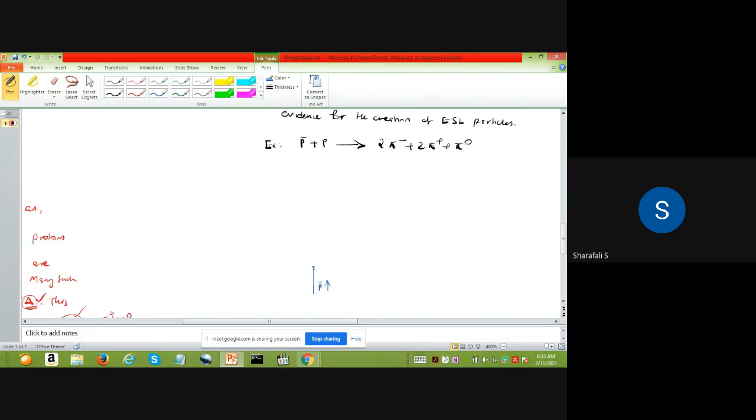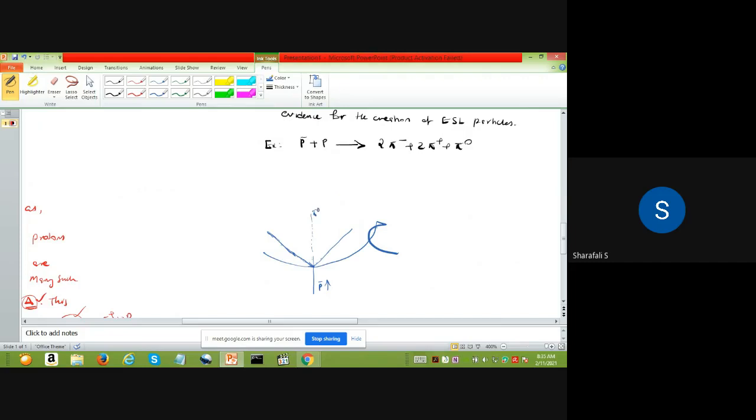That will give you energy, and particles like this, and another one like this, and there will be a pi 0 in this direction.